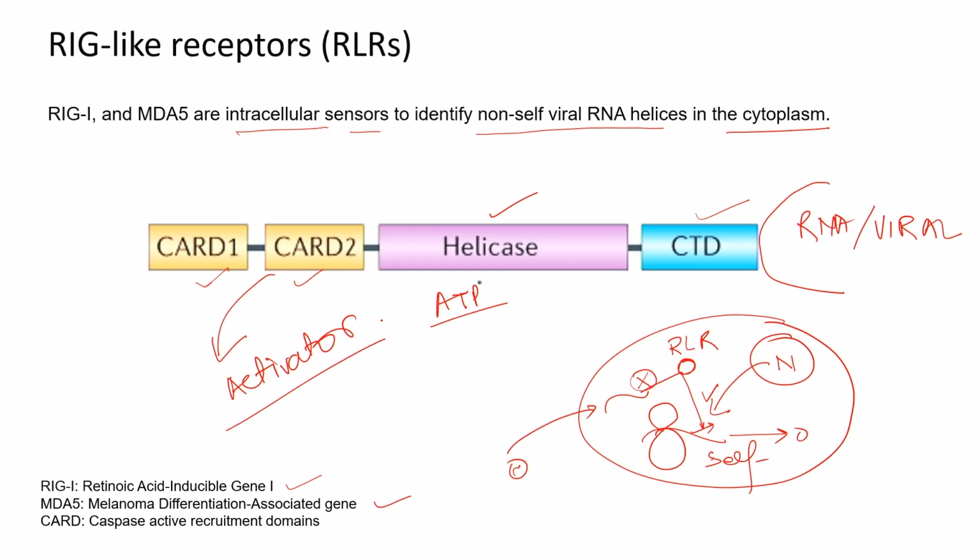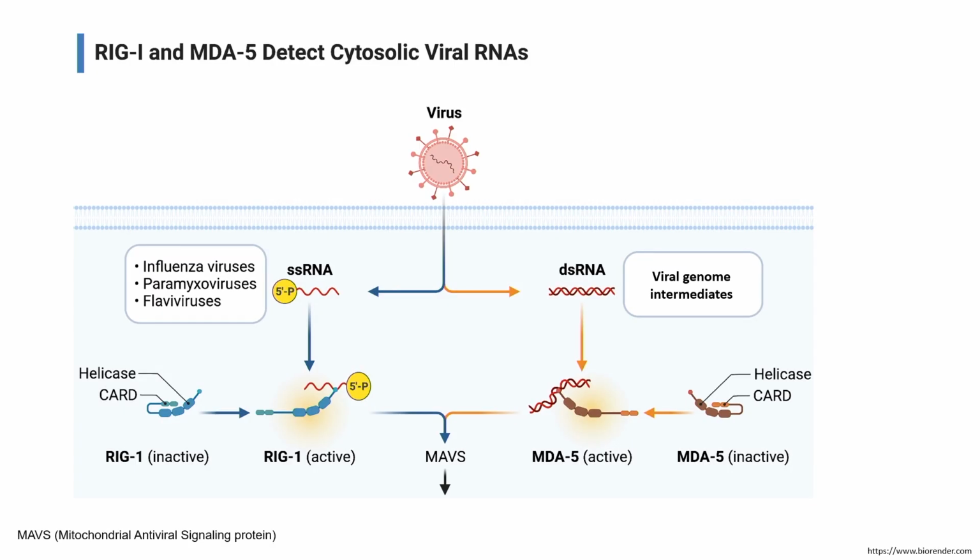So let's move on and see how these are happening. As discussed, these are the cytosolic sensors. Once there is a virus infection, the virus is coming into the cytoplasm and throwing single stranded RNA inside the cytoplasm. They have a 5' phosphate residue sometimes added to the genome.